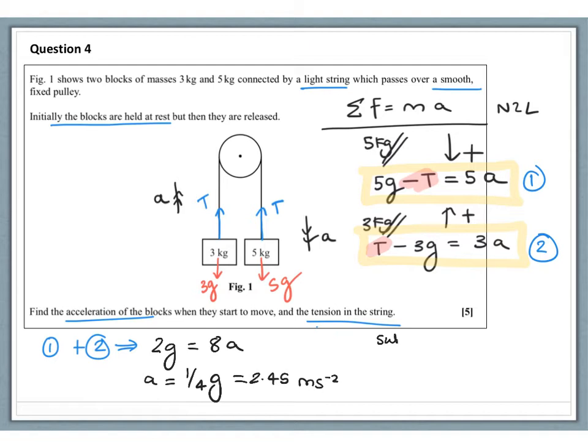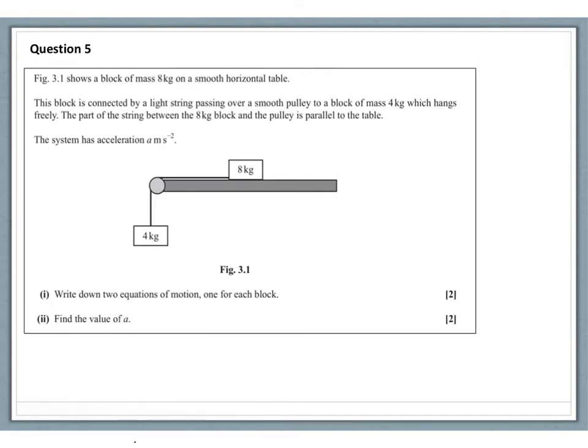And then I'm going to substitute back into equation 2 to work out my value of the tension. So the tension equals 3g plus 3a, which comes out to a value of 36.75 newtons.